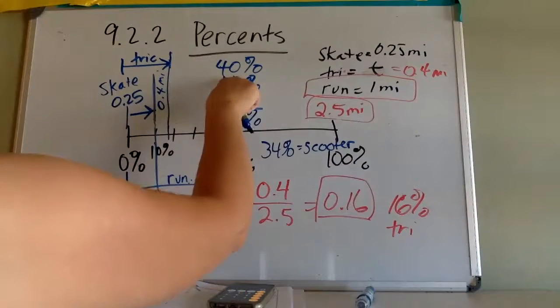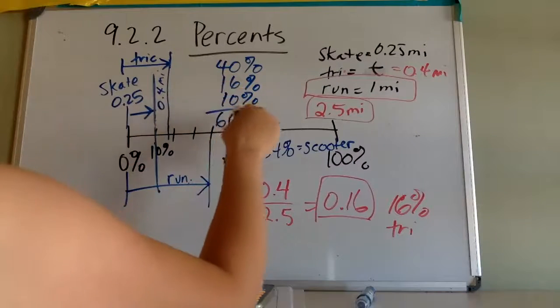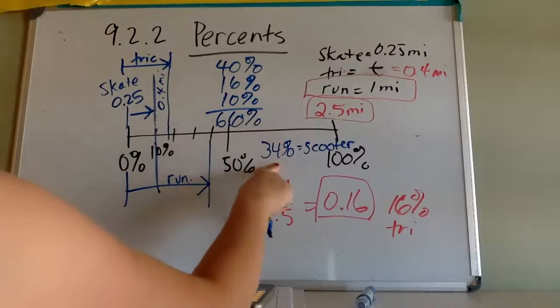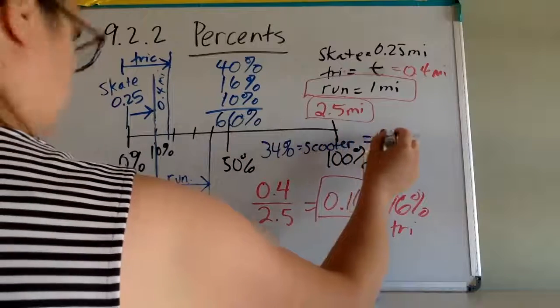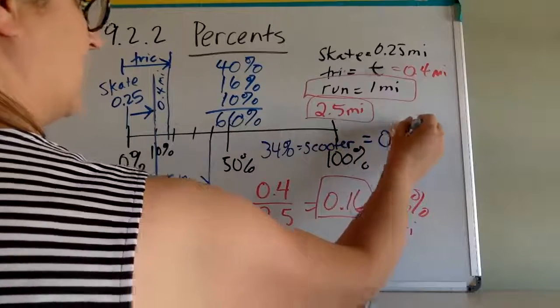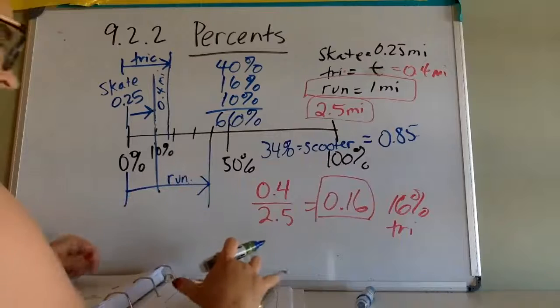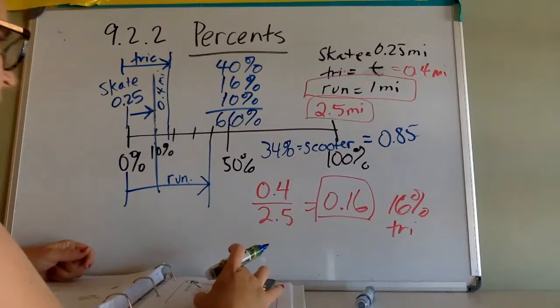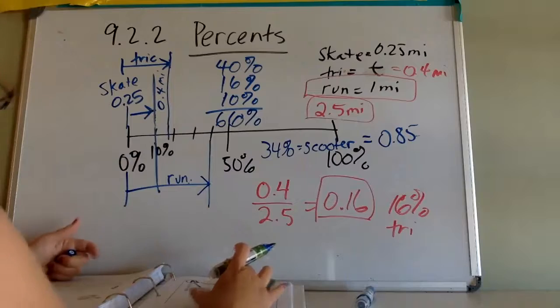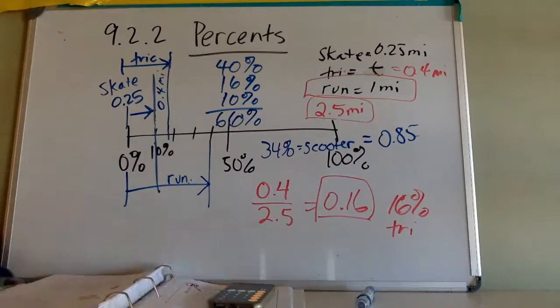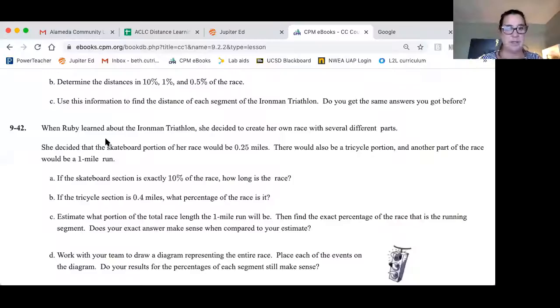Did I add this up right? 34% of the race is 0.85 miles. I'm lost. Okay, we don't have much time left. Do you want me to go over that last one? Here we go.